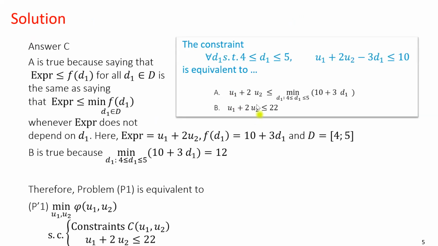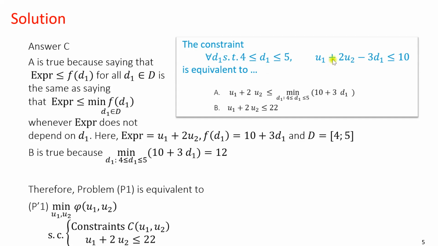Why is that? Well, the constraint says that for all D1 that are in this set of values for D1, this expression that has both U and D is less than something here. Now, saying that an expression is less than something for all values of D1 is the same as saying that this expression is less than the minimum.